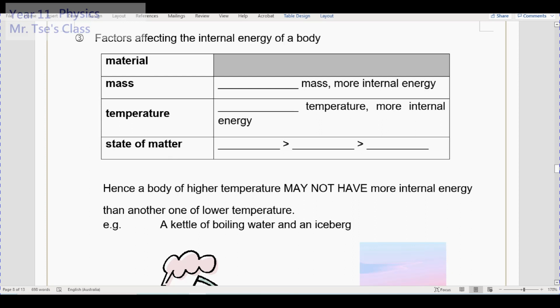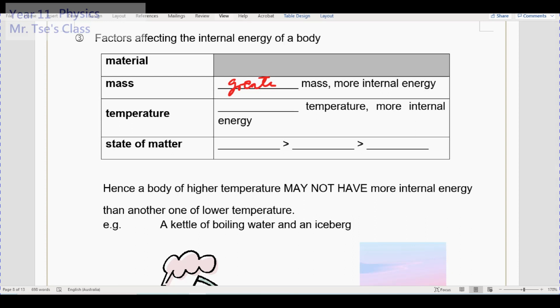So normally for a certain material, the greater the mass, the more internal energy one has. That's very sensible, right? Because the greater the mass, that means you must have more molecules in that object, and so that object will have more internal energy.